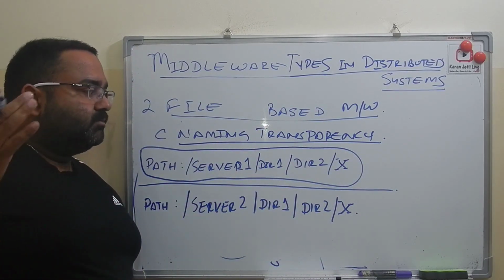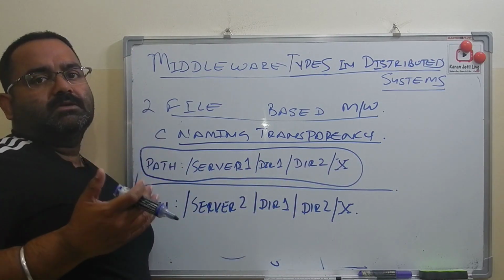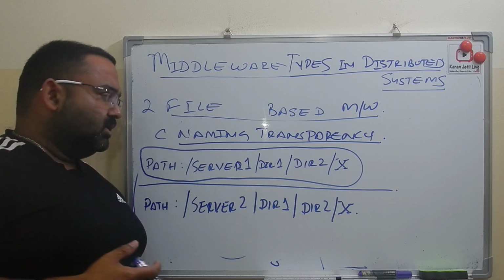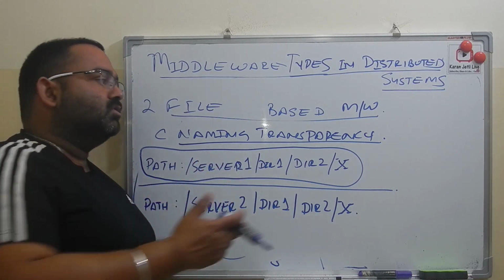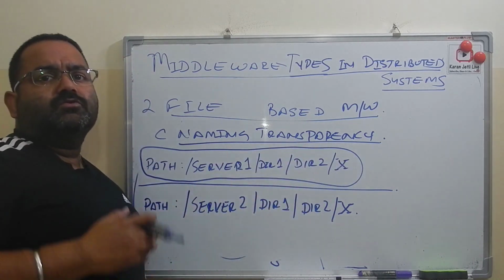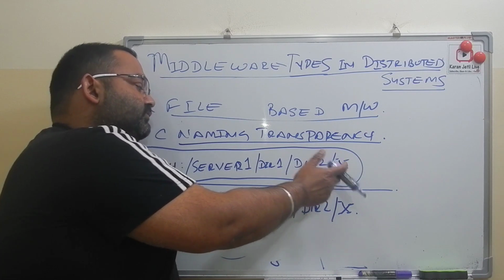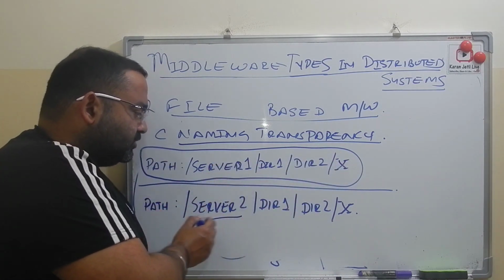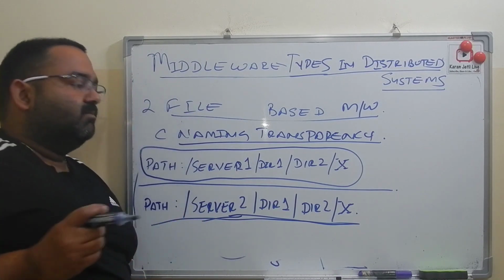Now suppose my file X is very big in size. It grows big, and on server 1 there is not enough space to accommodate file X. So the system decides, let us move this file X from server 1 to server 2. That is this path.